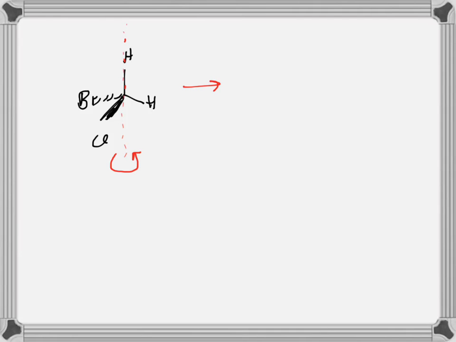To 180 degrees. What does it look like? The bromine comes out, and then goes back. Oops, that was a CO. Okay.